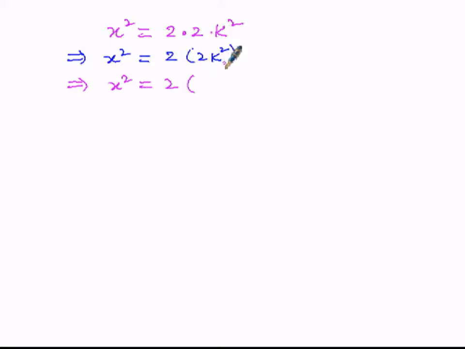If I assume k as 1, then k square is 1, 1 into 2 is 2. If k is 2, 2 squared is 4, 4 into 2 is 8. If k is 3, 3 square is 9, 9 into 2 is 18. So those are all integers. So instead of 2k square I am going to write it as L, since 2k square equals L, L is another integer.